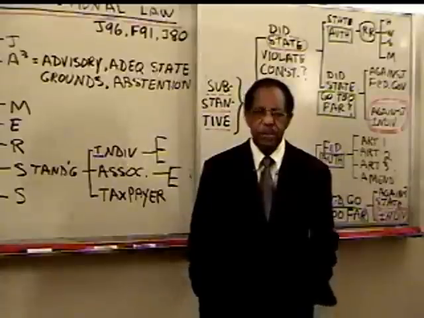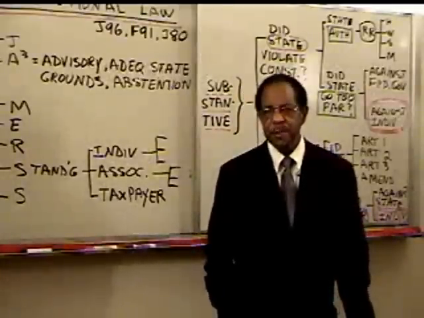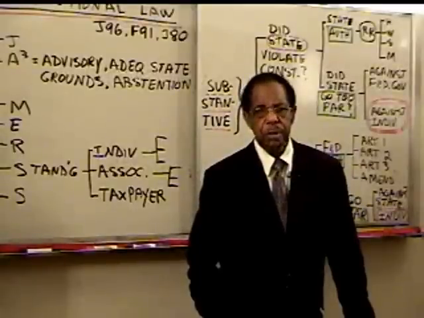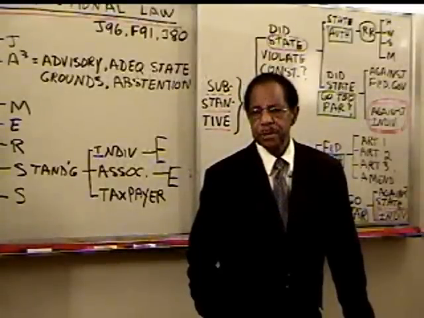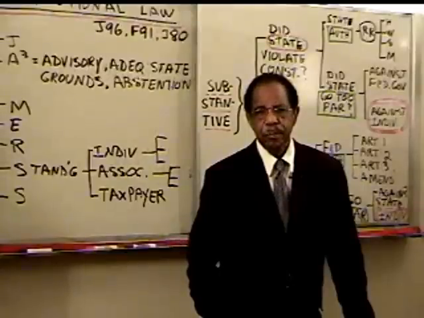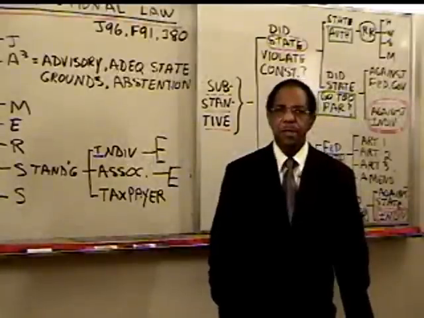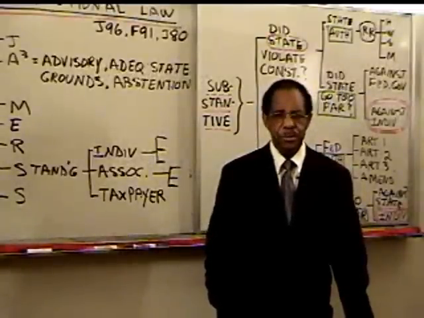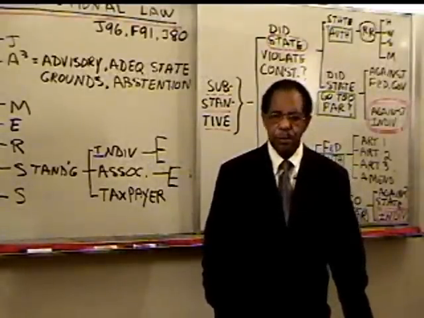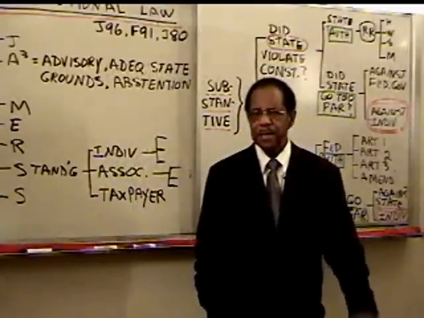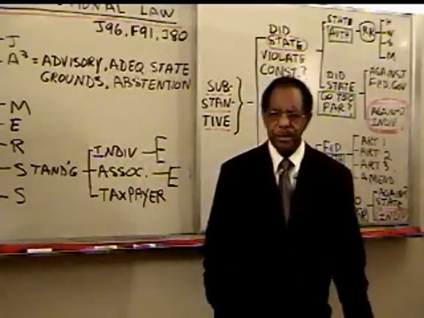And the new state law affects some individual, and the individual says, your new state law violates the U.S. Constitution. An individual claims the new state law violates the U.S. Constitution. And so they go to federal court saying, oh, the state has violated my constitutional rights.